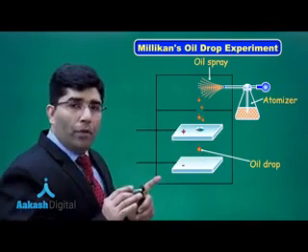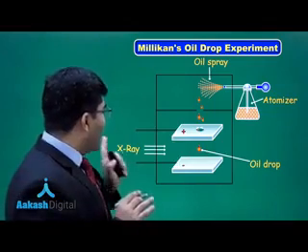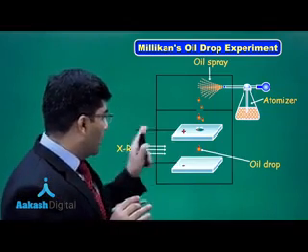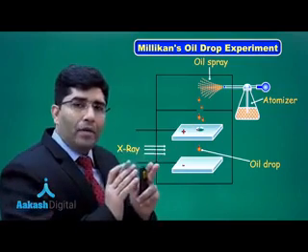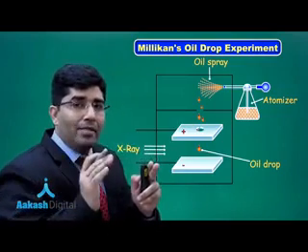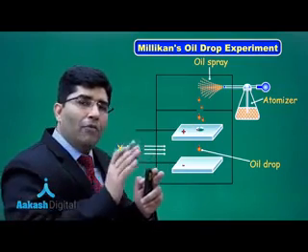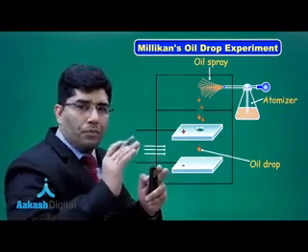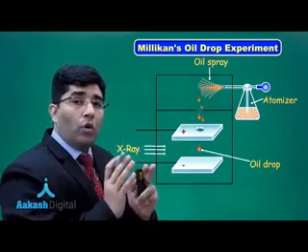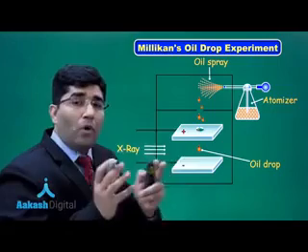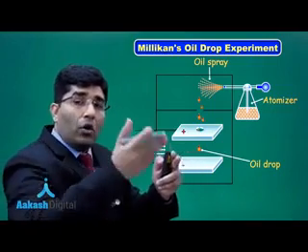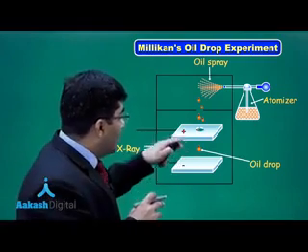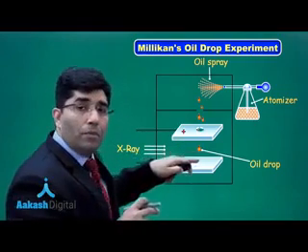Now we will pass X-rays through this region. X-rays will ionize the air, forming gaseous cations and some electrons. Those electrons which come from the gaseous molecules will stick on this particular oil drop.